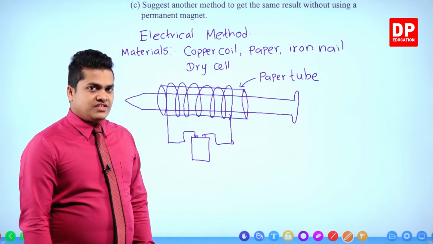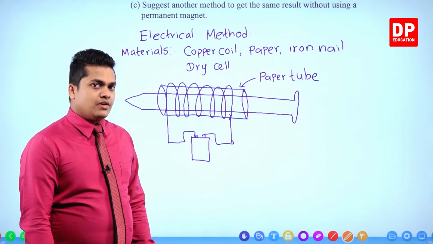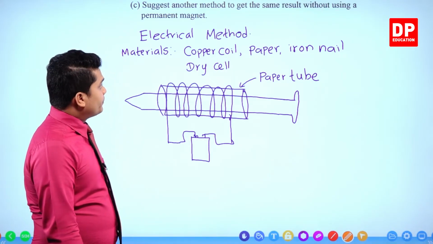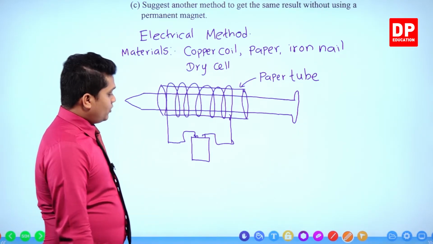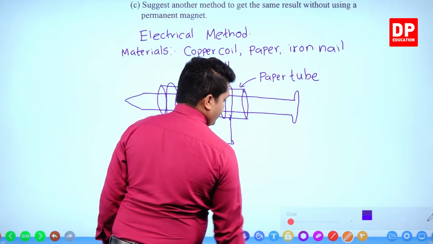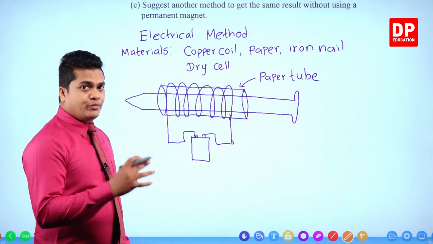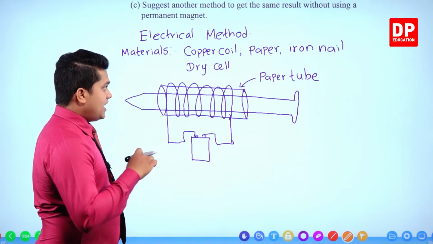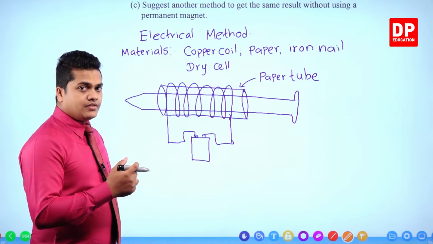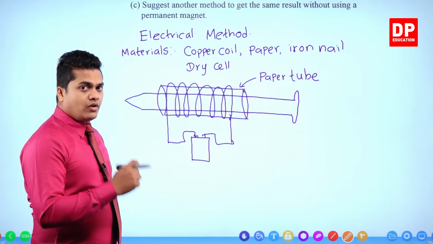So we'll write down the steps of doing the experiment then. We'll write down the method. I'll use a different color. First of all, you need to make a tube according to the figure and wrap the coil around it.